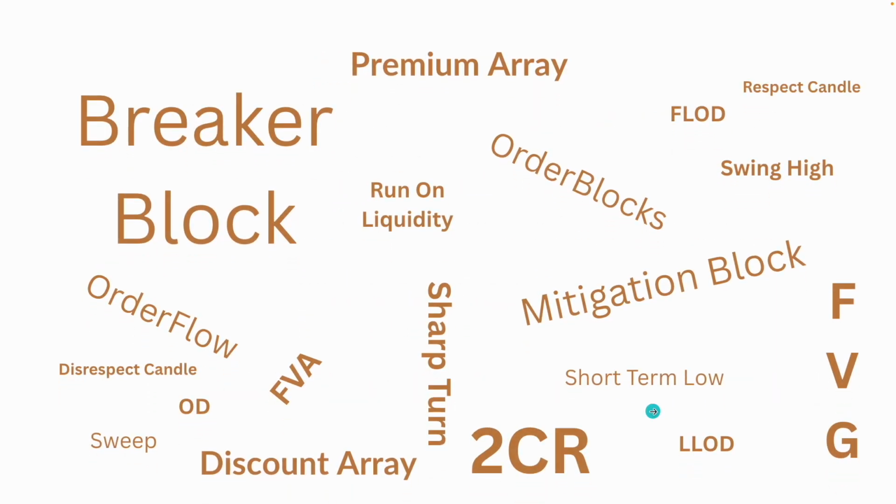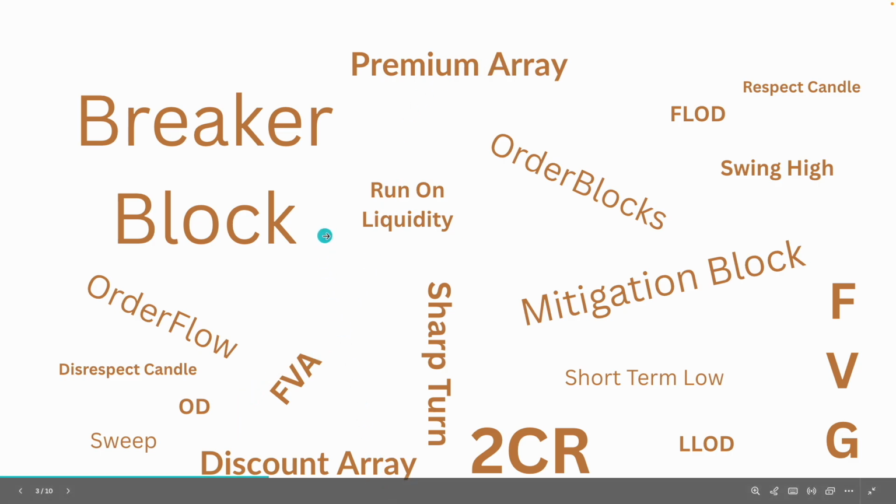So what are the different concepts that we have seen till now in this series of videos? Mostly we have seen the premium arrays and discount arrays, right? What are the premium arrays and discount arrays that we are seeing?